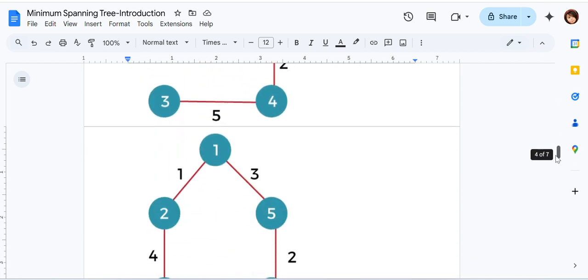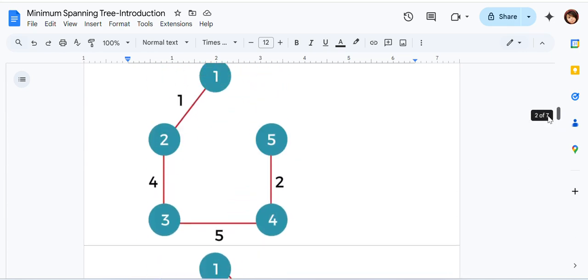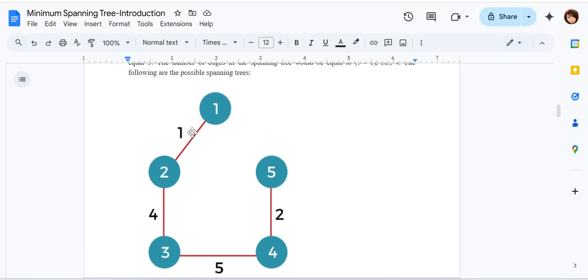For the minimum spanning tree, you calculate the sum of the edge weights. Just add up all the weights: 1 plus 4 is 5, 5 plus 5 is 10, 10 plus 2 is 12. For this spanning tree, the total edge cost is 12.